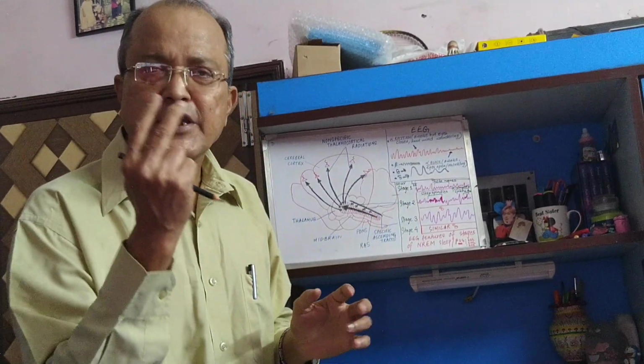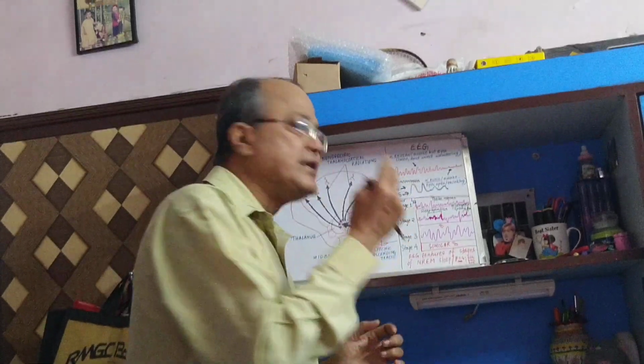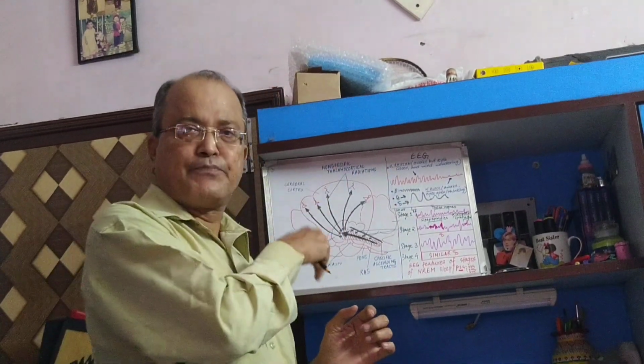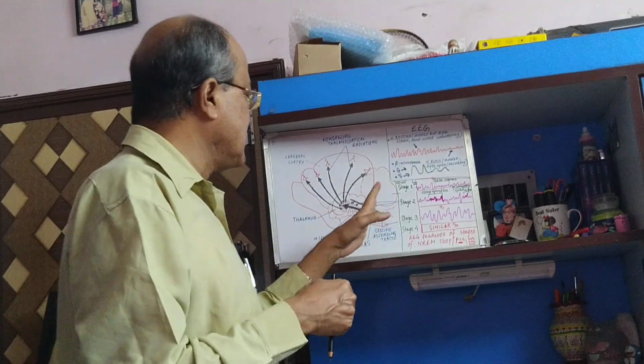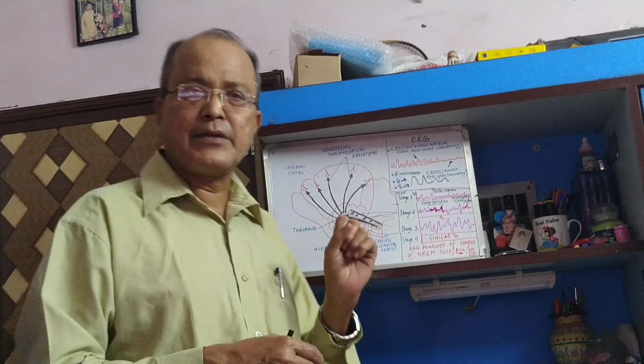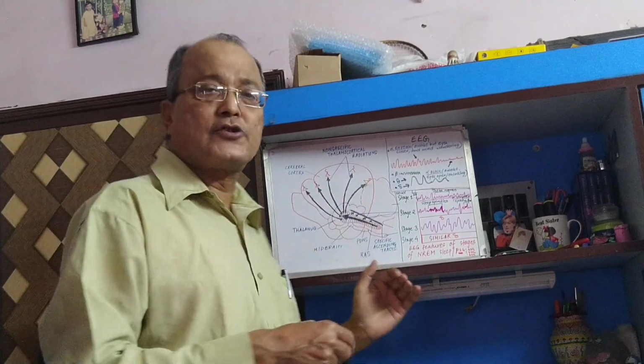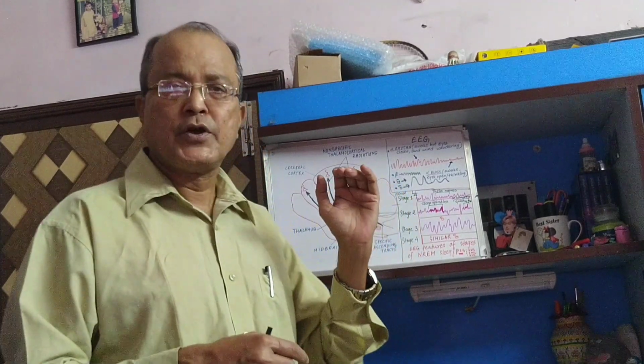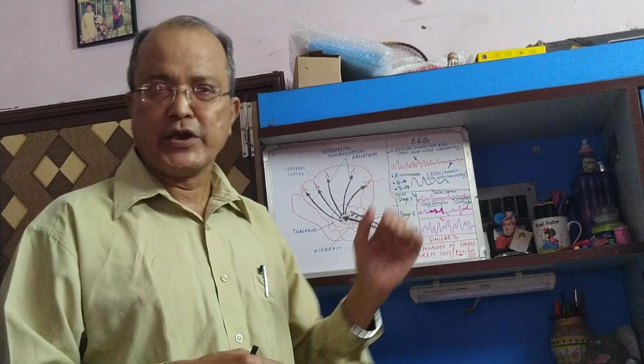development of NREM sleep. So NREM sleep has two important causative factors. One is the inhibition of the RAS, or reticular activating system, and another is increased discharge of the serotonergic neurons from the raphe magnus nucleus.